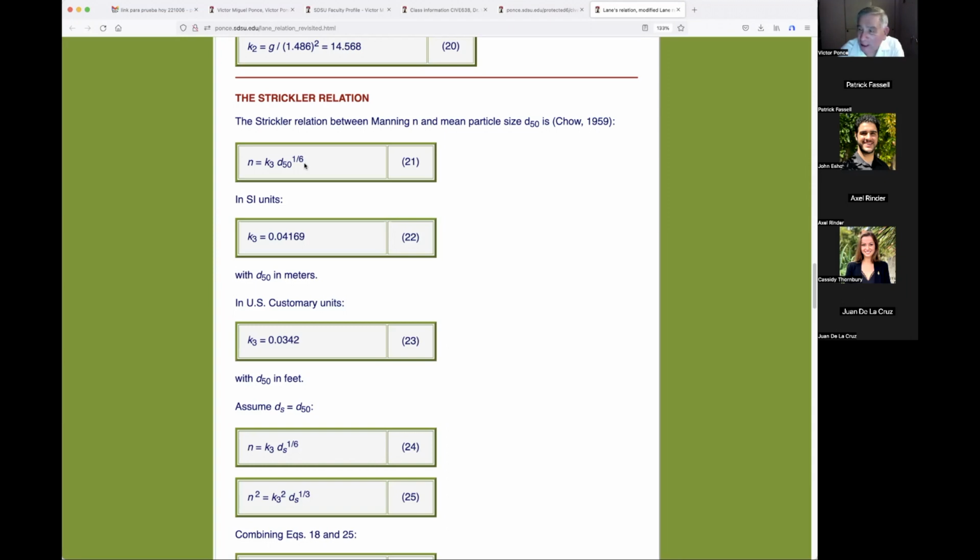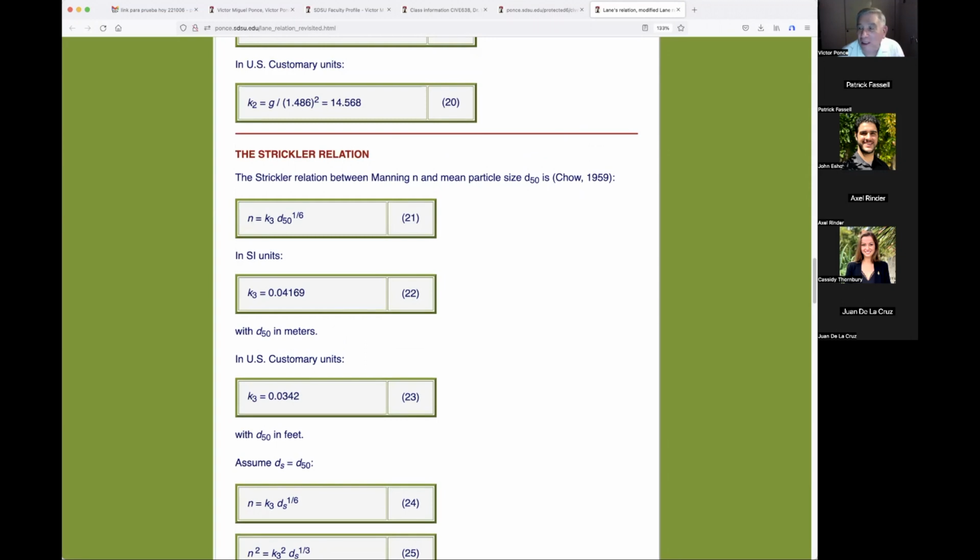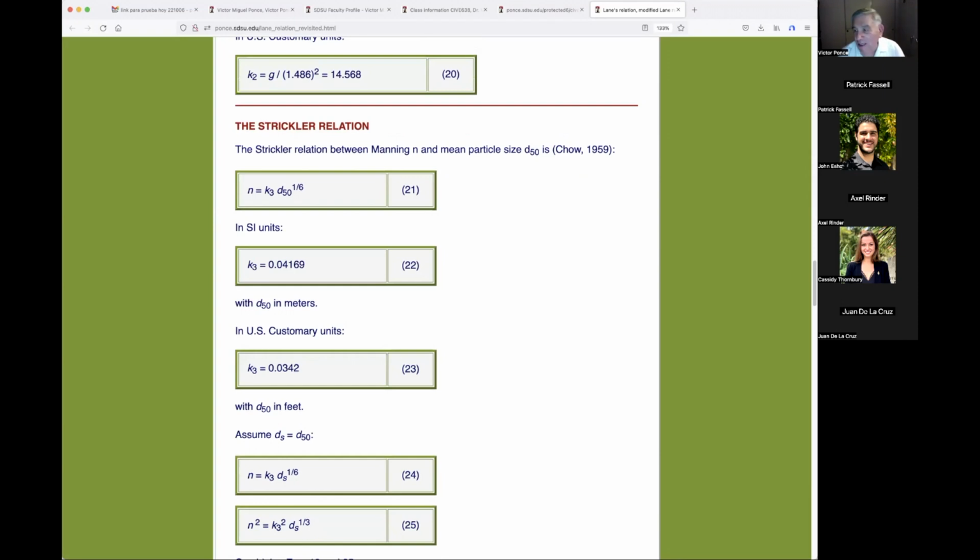So what did Manning do? He threw a line in the middle, and the line came up with the 1/6. So that's where the 1/6 originated, from a line that was the best fit to 6 equations pulled from here or there. I'm not going to say anything wrong or bad about those 6 equations. All I'm going to say is that his methodology was a little bit haphazard.